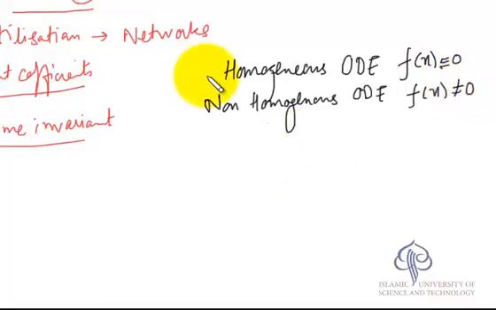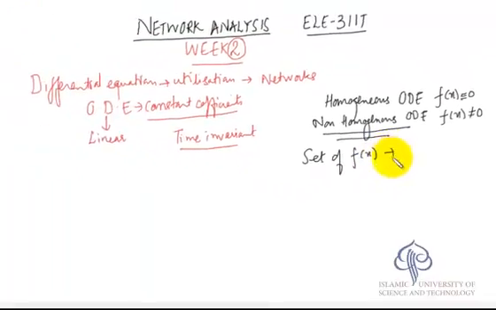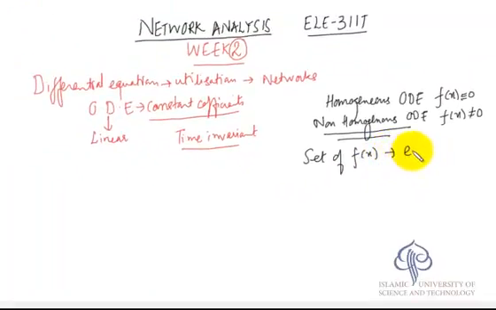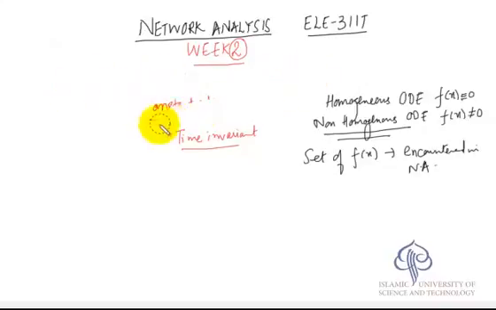And we saw how to solve both homogeneous ODEs and non-homogeneous ODEs for a set of forcing functions which is commonly encountered in network analysis. So we are well equipped now with the basic tools of mathematics to begin our analysis part within the networks.